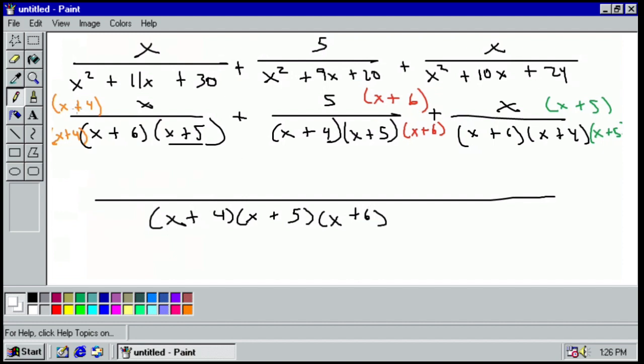Now we need to distribute. So x times x is x squared. x times 4 is 4x. 5 times x is 5x. And 5 times 6 is 30. x times x is x squared. And 5 times x is 5x.